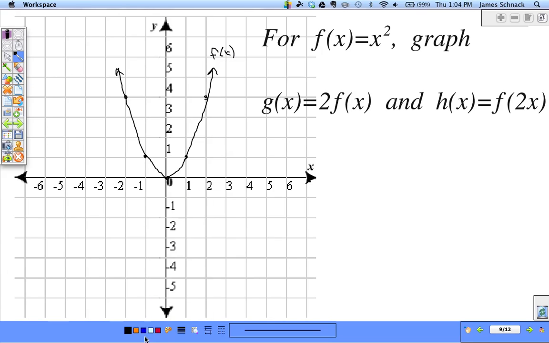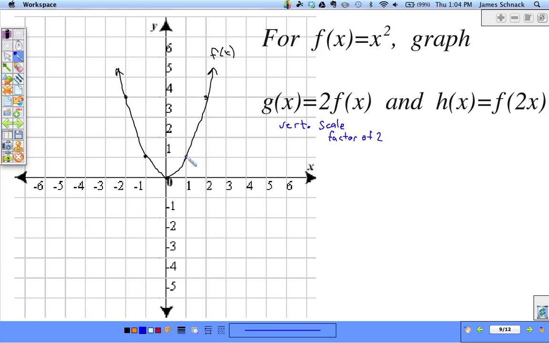So there's f of x. Now I want g of x to be 2 times f of x. That means the scale factor of 2. And it's a vertical scale factor. So everything just gets taller by 2.